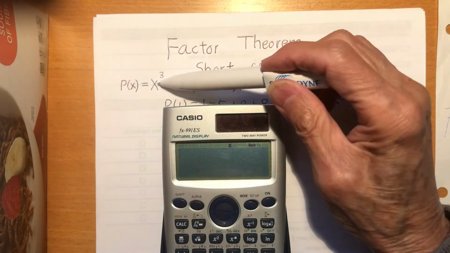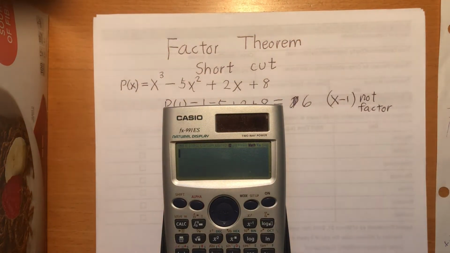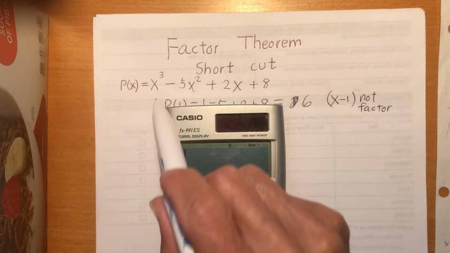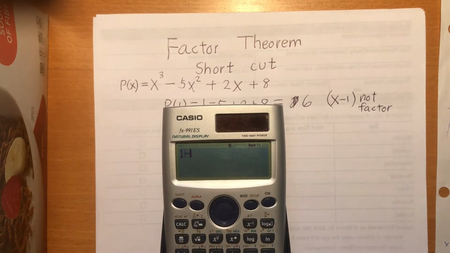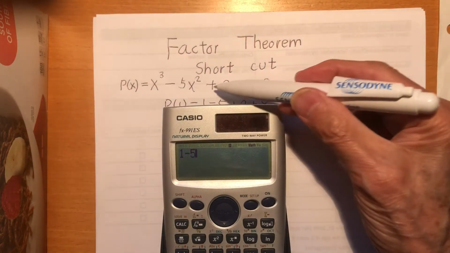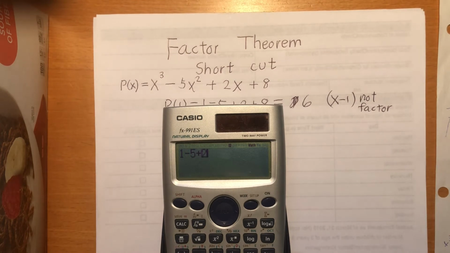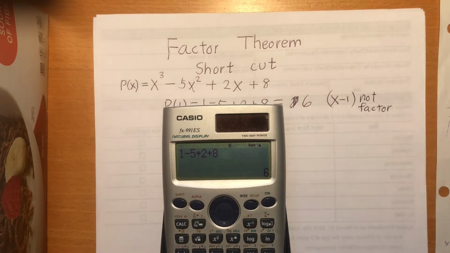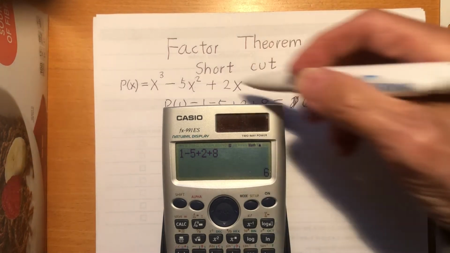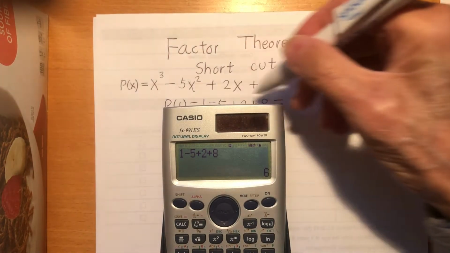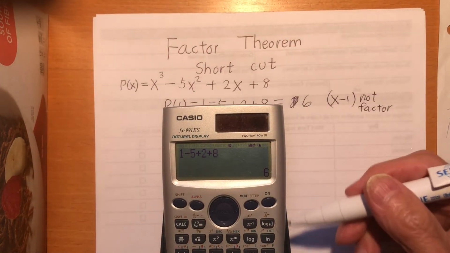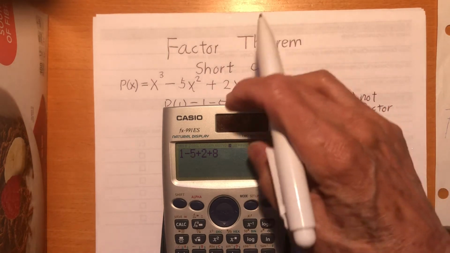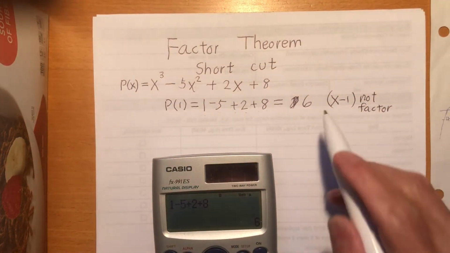When you put 1 here, it's 1, so it's 1 minus 5 plus 2 plus 8. Press equal sign. This is 6. So you have it using a calculator. You don't need to write it down and do it. Just use a calculator. So x minus 1 is not a factor.